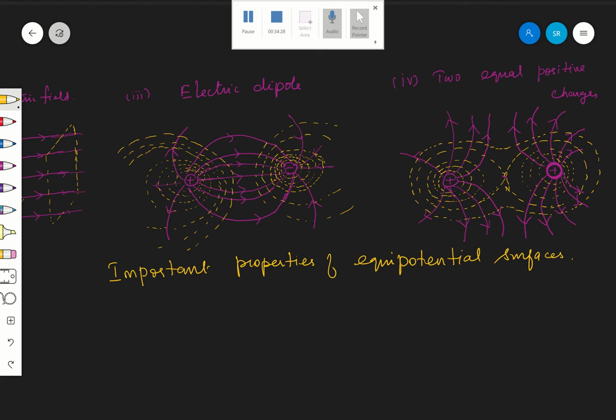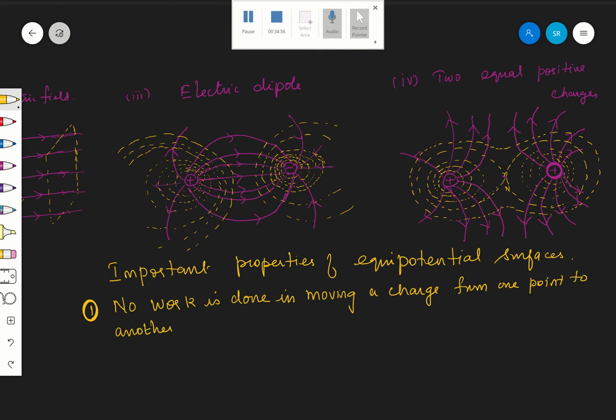Number one, which we have already seen: no work is done in moving a charge from one point to another on an equipotential surface.